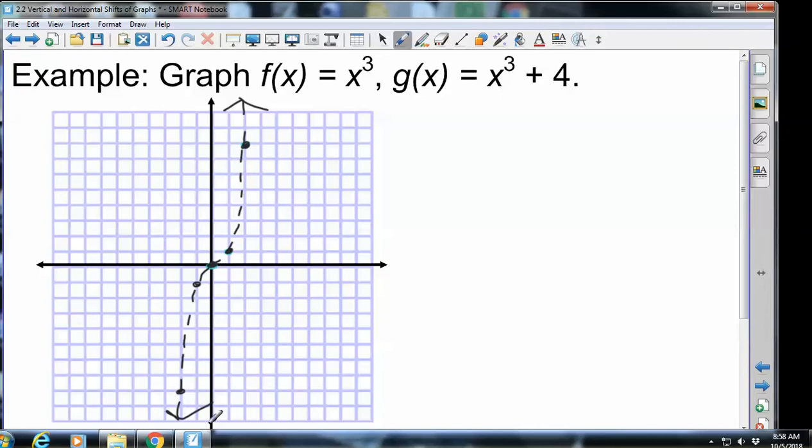Okay, x cubed plus 4. What will this plus 4 do? So I expect you to take at least 3 of these points and shift them up 4. Then we'll draw that as our solid one.